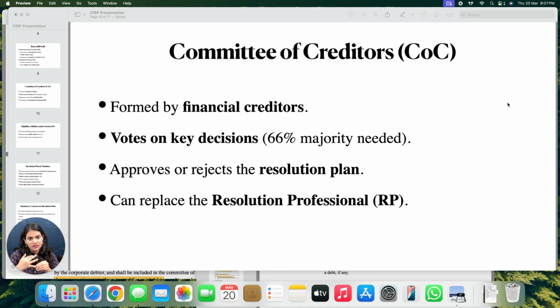So with that, they will have to annex record of employment and the extent of dues, and if this kind of dues have been recorded in the information utility, those, and if any orders of any tribunal or respective adjudicating authority or such other records, if any, have to be annexed with the form.